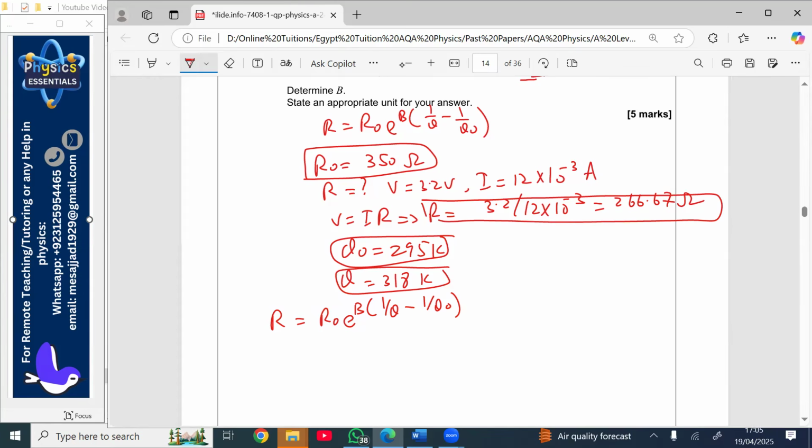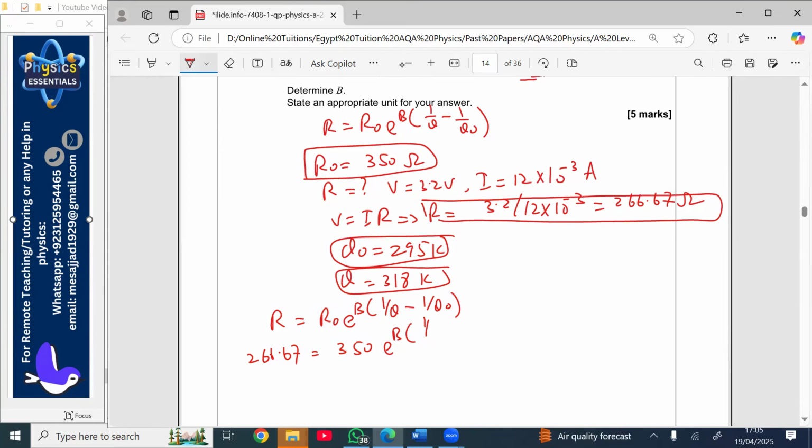R is 266.67 equals R naught, 350, times e to the power B times (1 over 318, my apology, because the new temperature is 318, minus 1 over 295, the old temperature).